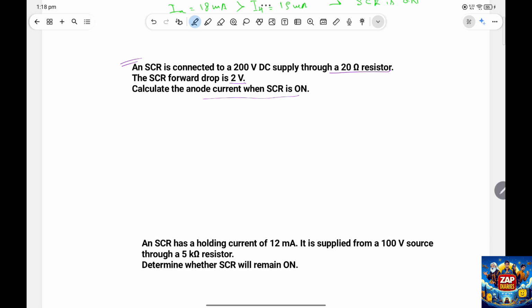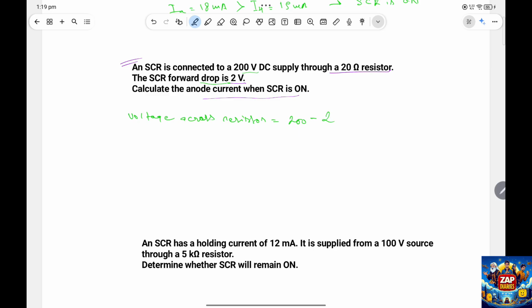So from the question, the voltage across the resistor is 200 volts minus the forward voltage drop of 2 volts.